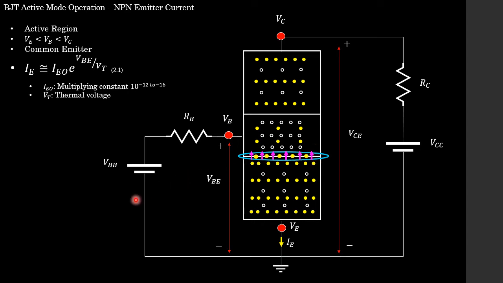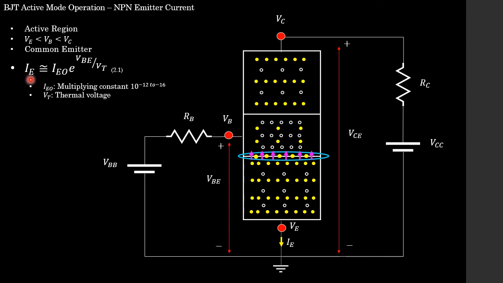Now, what happens to these free electrons once they move over into our base region? We'll take a look at that in the next slide. But first, we need to note that the expression which can be used to determine what this current is can be given by expression 2.1. And this expression comes from the fact that there is an exponential relationship between the voltage VBE and the current which is generated due to the movement of these majority carriers.